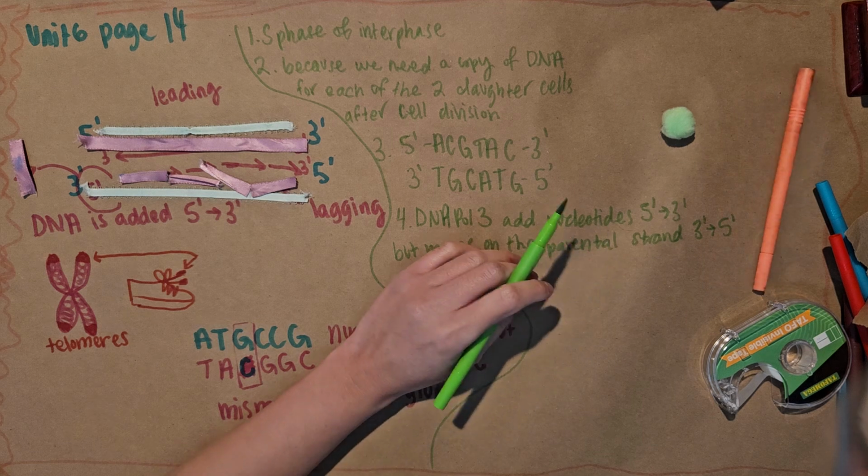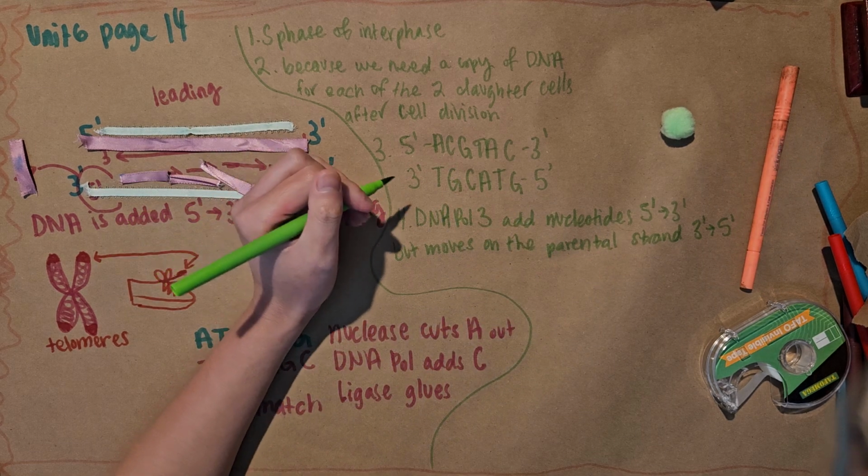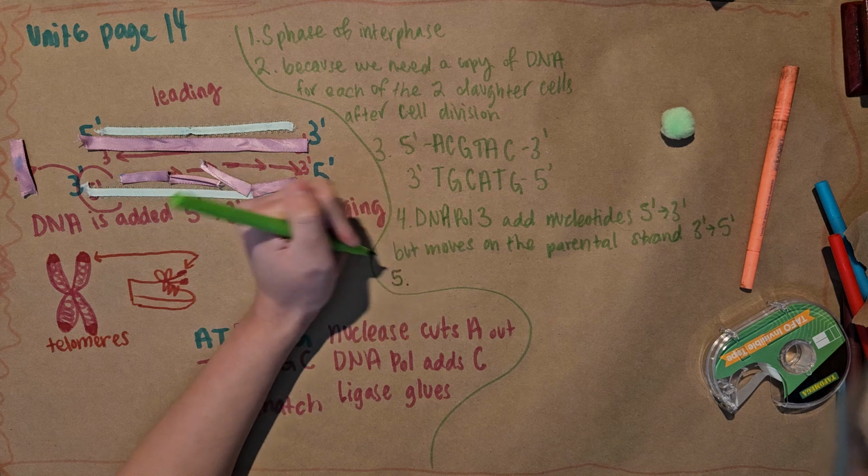And then question number 5, why do Okazaki fragments occur on the lagging strand?